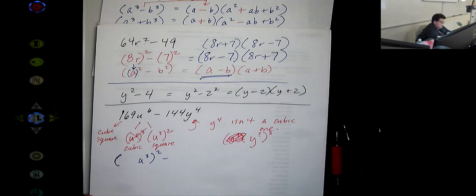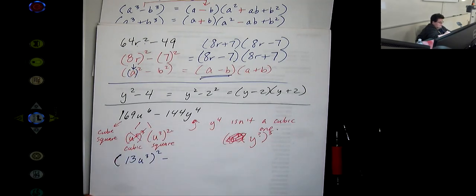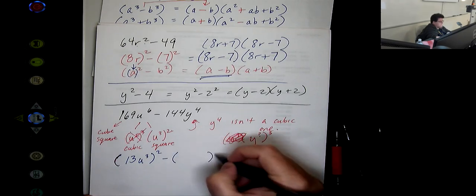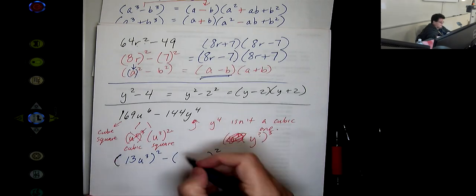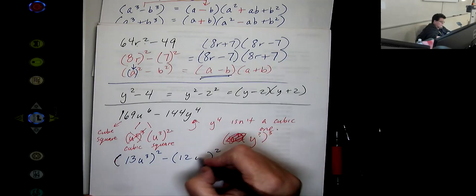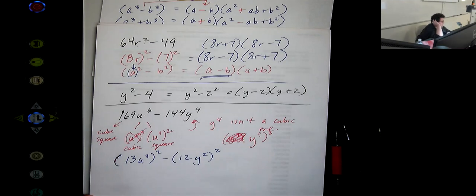13. What number squared makes 144? 12. And what would be y to the 4th? What's squared to make y to the 4th? Y squared. You can just divide the exponent by 2 and check.